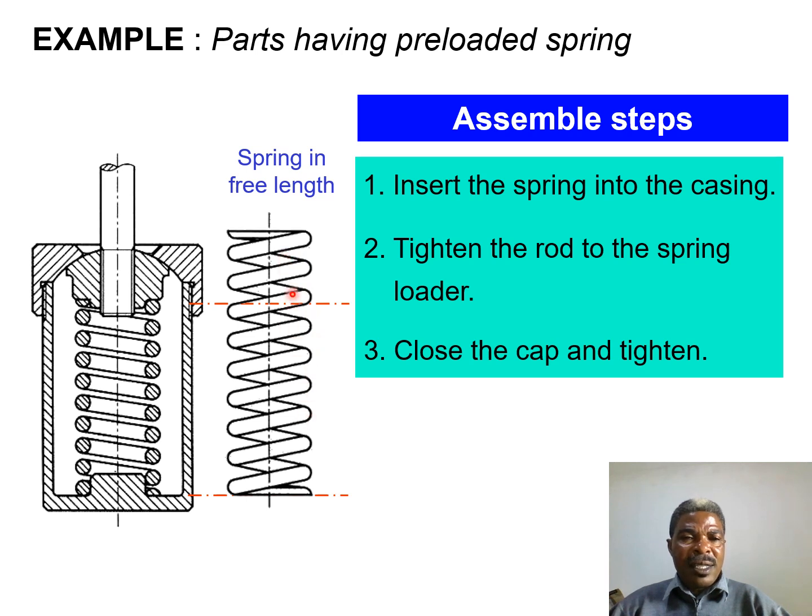Otherwise, you can see this appears to be very long in comparison to the one that is already fixed here. But you have to open up the cap, and then you can get a space to insert, followed by tightening the rod to the spring loader, then close the cap and tighten it back.